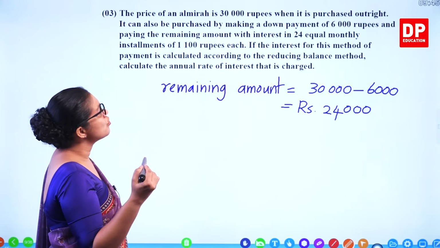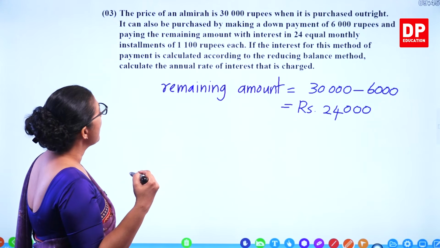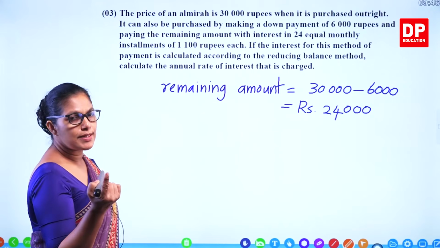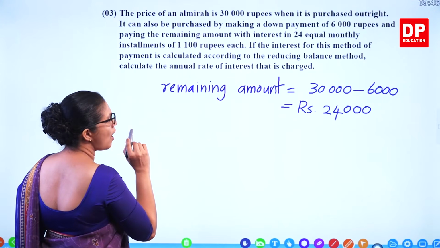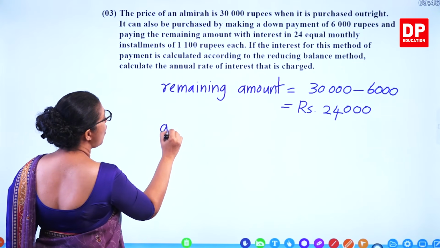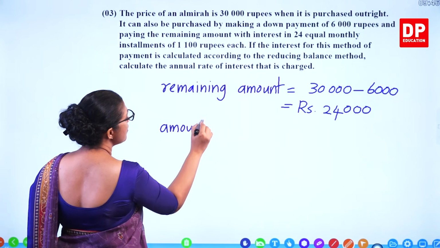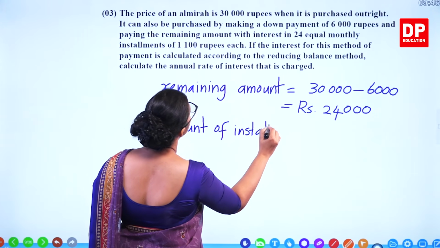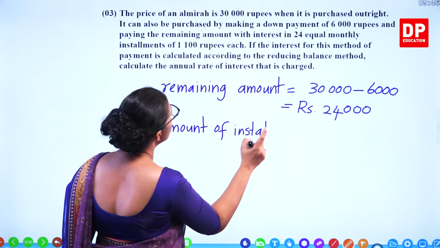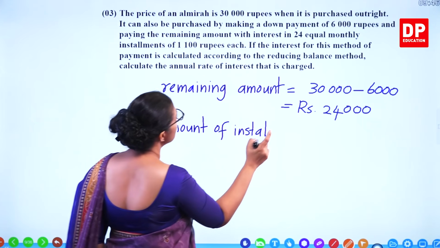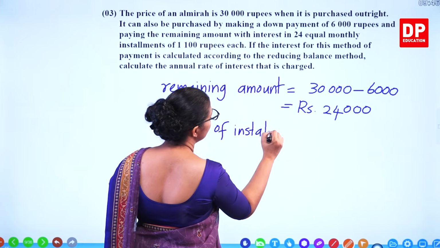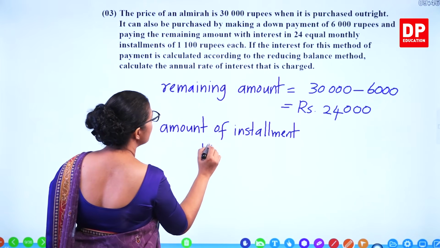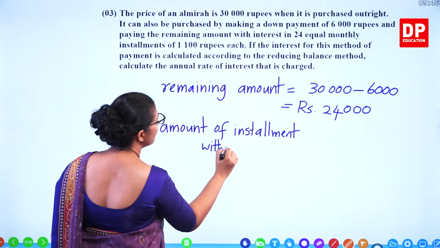So that's according to the reducing balance method. And it says 24 equal monthly installments. So you can first find out amount of installment without the interest.